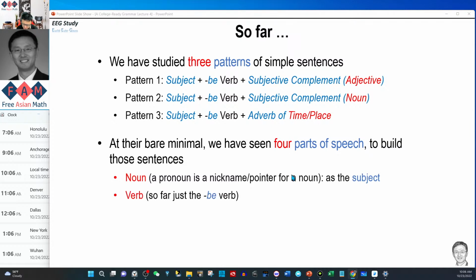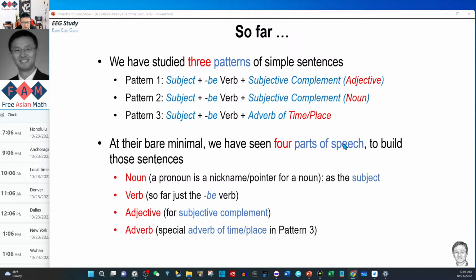And of course, we have a verb, which is for now just the be verb. As we'll see today, we'll see different other verbs in basic simple sentence patterns. But for now, we have only seen the be verb. And then we have an adjective, which is the subjective complement in pattern 1.